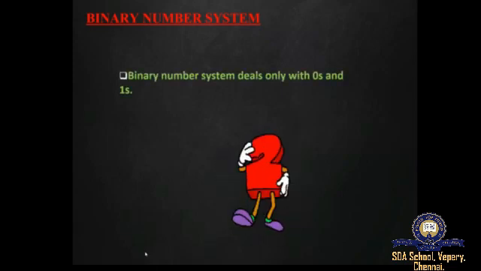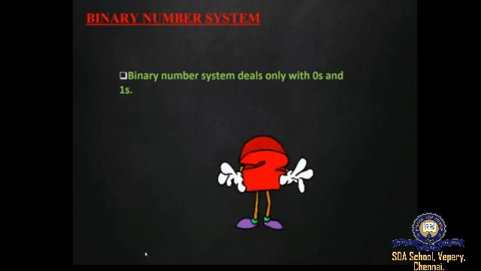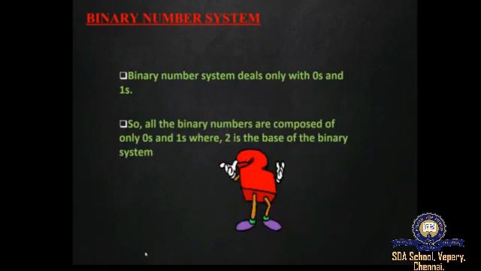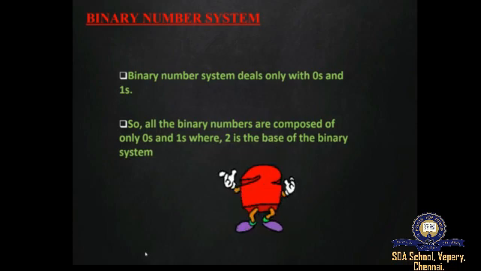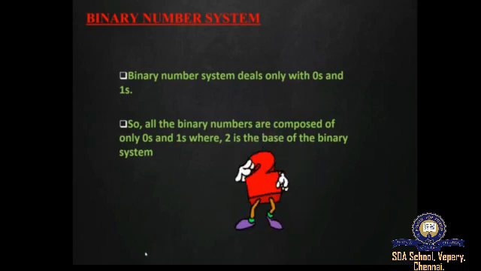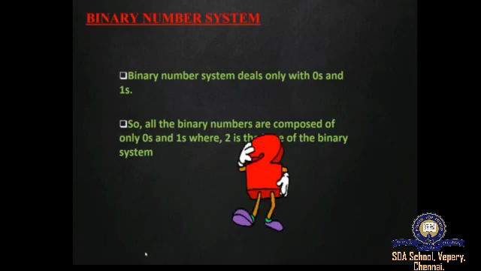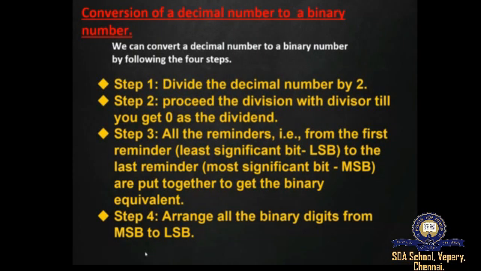It deals only with zeros and ones. So, all the binary numbers are composed of only zeros and ones, where 2 is the base of the binary system. Now, we are going to convert a decimal number to binary number.